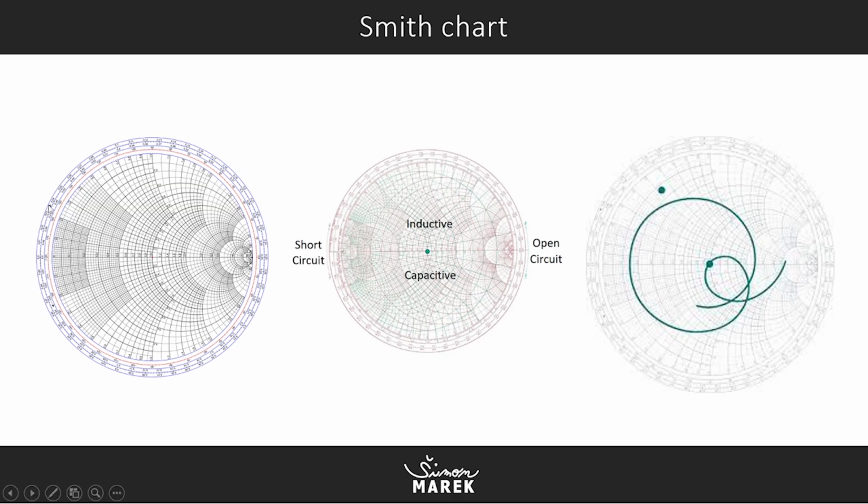So here's a Smith chart, which tells us the impedance profile of our amplifier. So here's a chart which is circular, and each side has a different meaning. The left side is a short circuit, the right side is an open circuit.